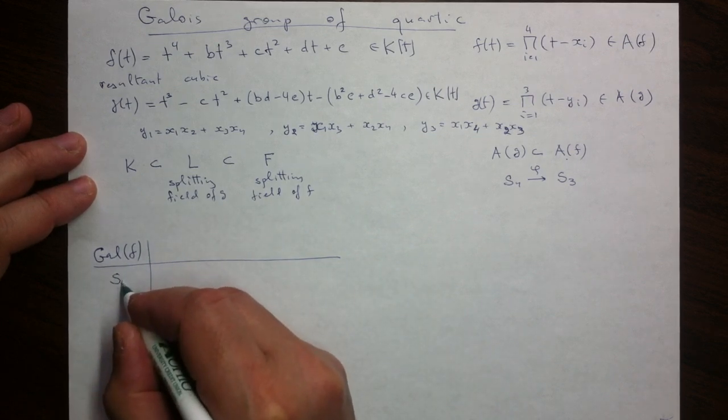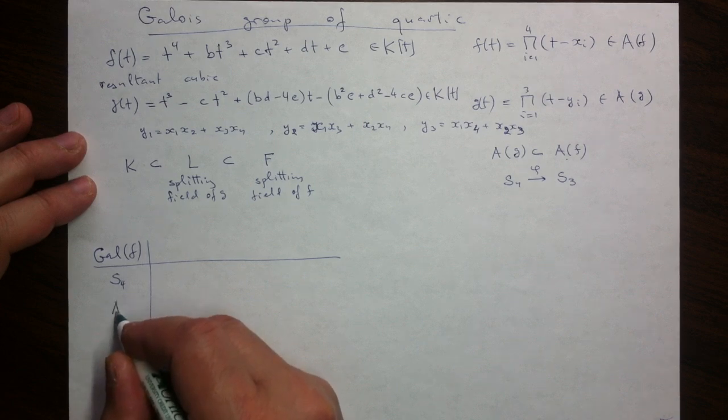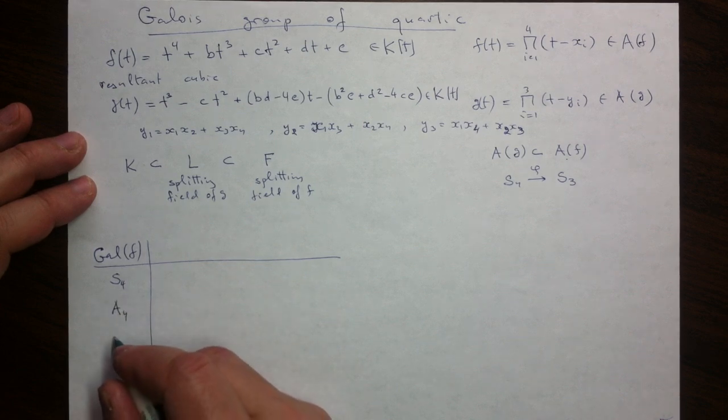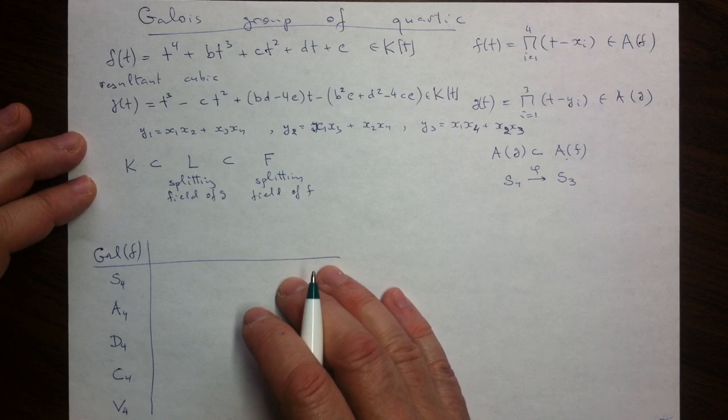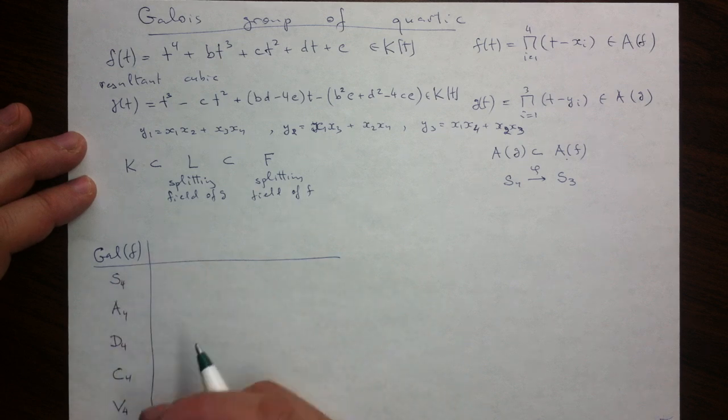So it could be the whole group S4, it could be the alternating group A4, dihedral group D4, cyclic group generated by the longest cycle permuting all 4 elements, and then the Klein subgroup V4. So that is the complete list of transitive subgroups.